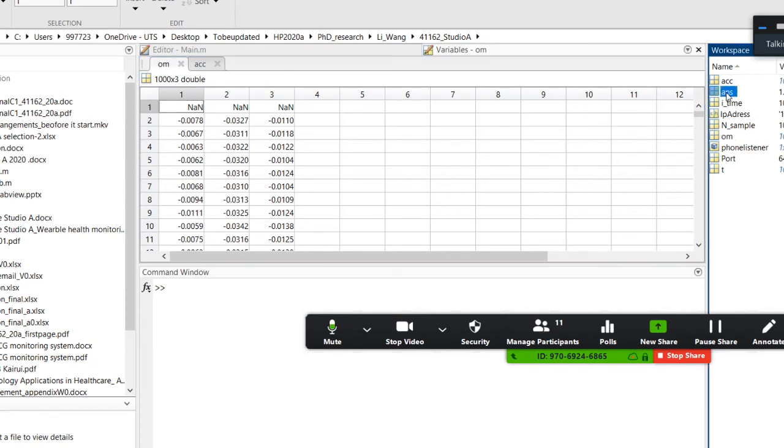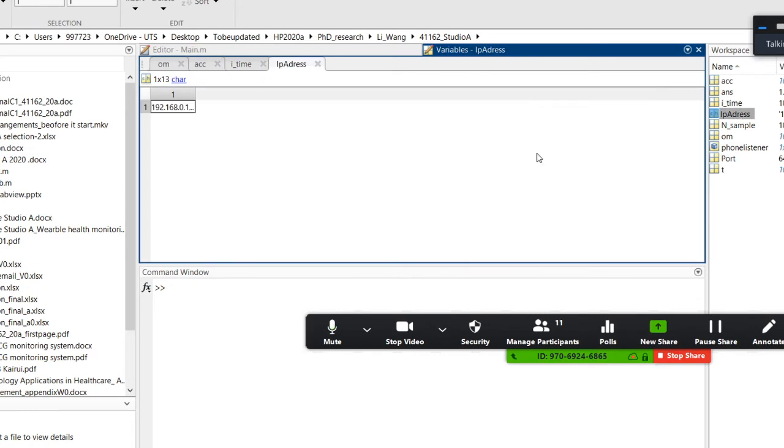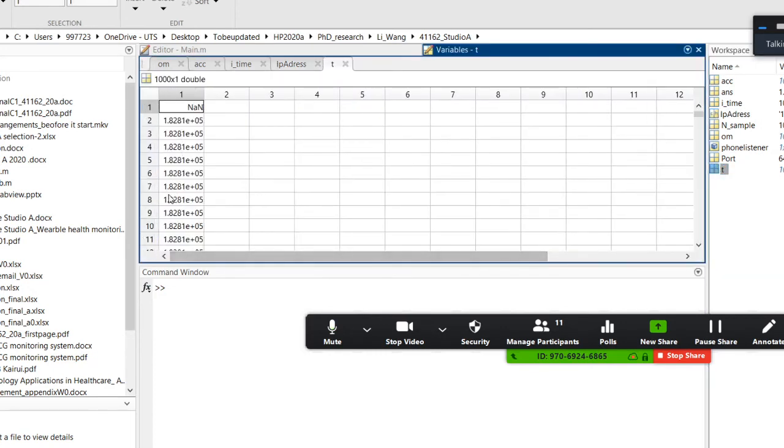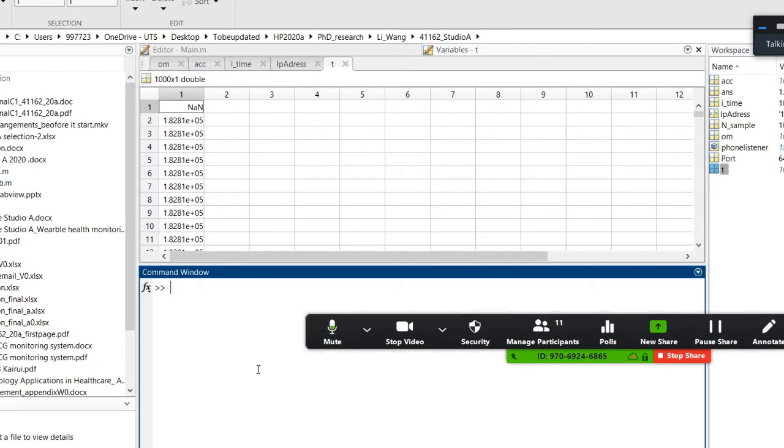You can have, for example, the time information, how many times you have, and also an IP address, which we already input, and how many samples, and also some port information. T is the time here. So I'm not sure how many students currently can use the phone.